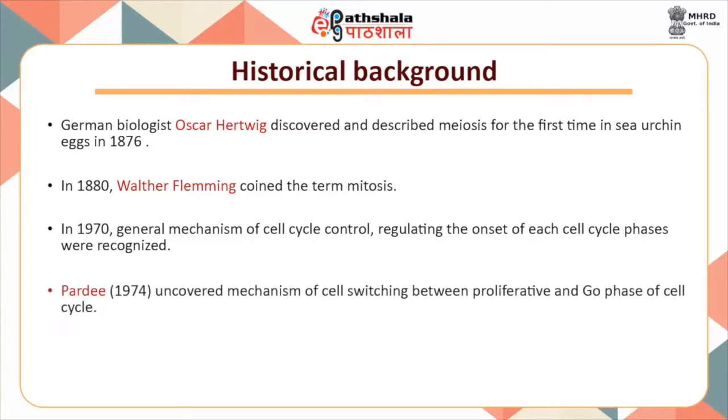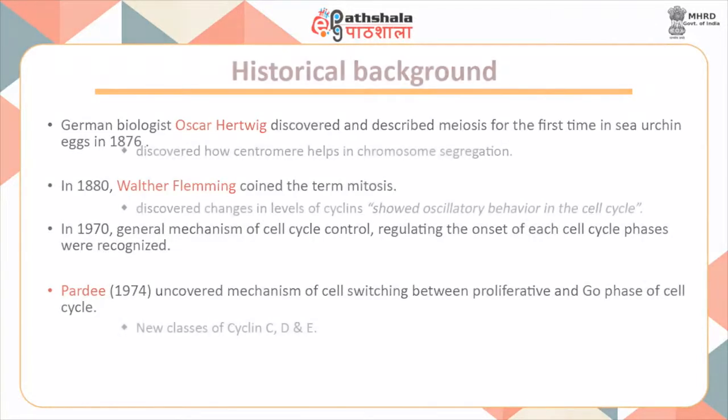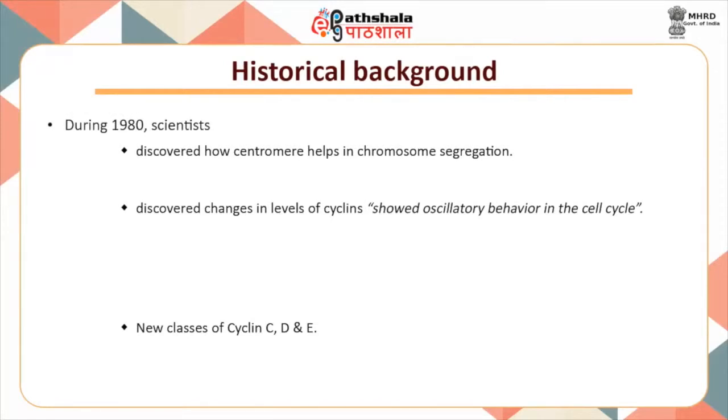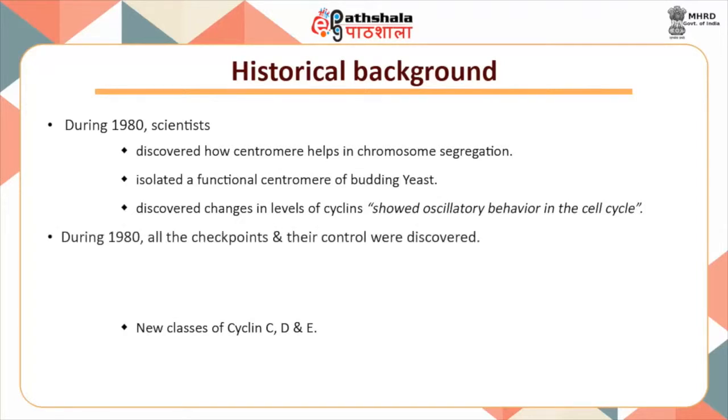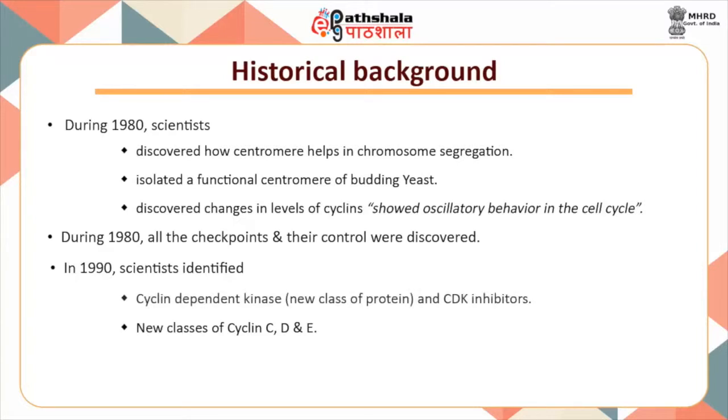In 1974, the mechanism of cell cycle switching between the proliferative and G0 phase was discovered. Later on, in 1980, various new discoveries came to light, like the discovery of centromeres from budding yeast, checkpoints and their controlling mechanism, etc. In 1990, scientists identified cyclin-dependent kinase, a new class of protein, and CDK inhibitors.